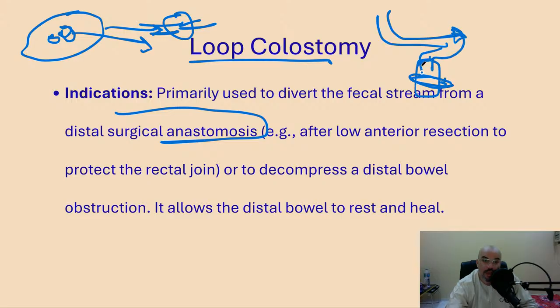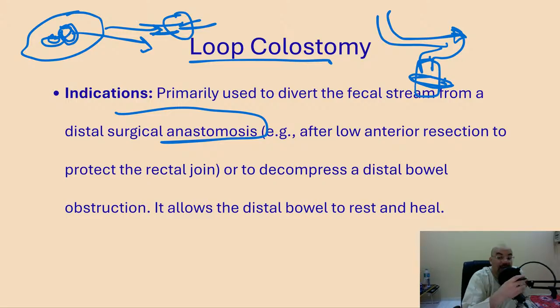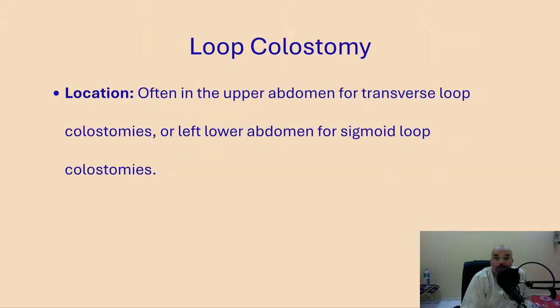While in the loop colostomy, they will only fix these two parts together, which are usually not fully separated. That means the loop colostomy will heal much more easily. It allows much more time for the patient to get well and improves quality of life compared to a temporary end colostomy.